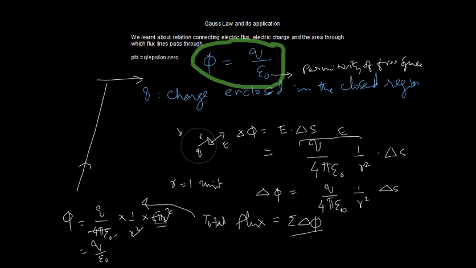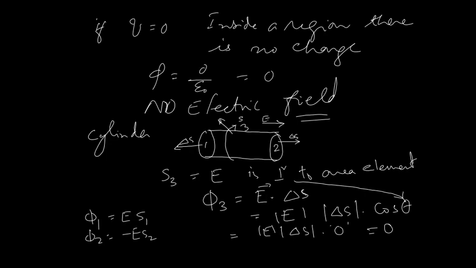We can't be doing this for every surface, so that's why they consider a surface which is symmetrical in nature. If Q is equal to 0, that means inside a region there is no charge enclosed, then the flux phi is equal to 0 by epsilon naught, which is 0. That means there is no electric field.